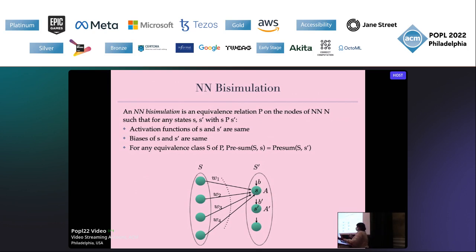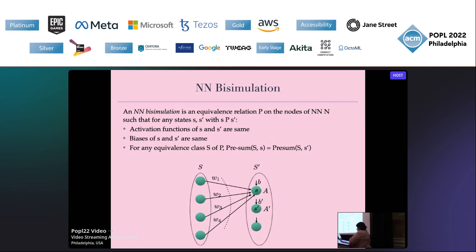So I call it the neural network bisimulation, NN bisimulation. It's an equivalence relation P on the nodes of the neural network. And we will assume that the equivalence relation only contains nodes from the same layer in any equivalence class.